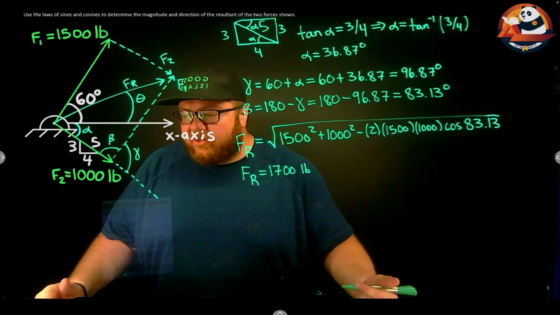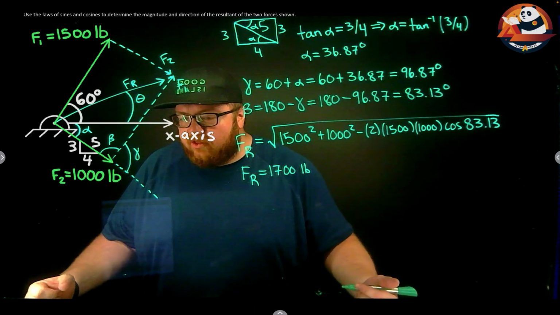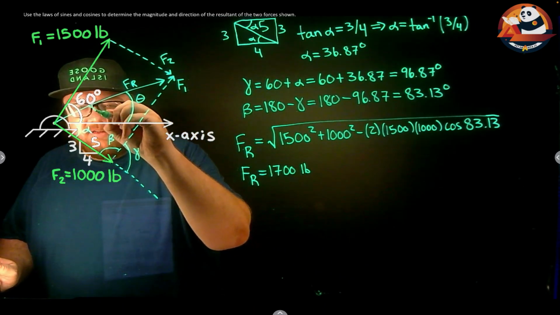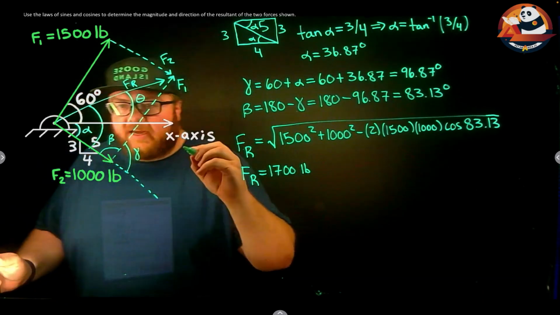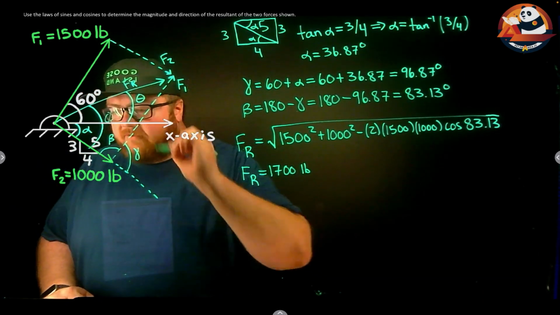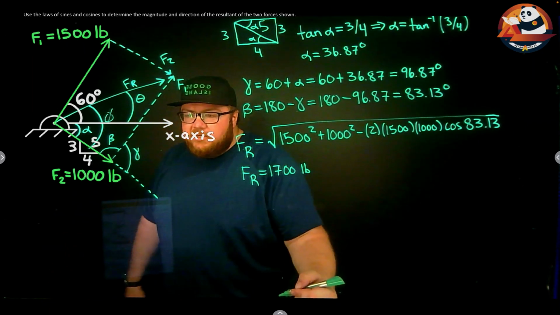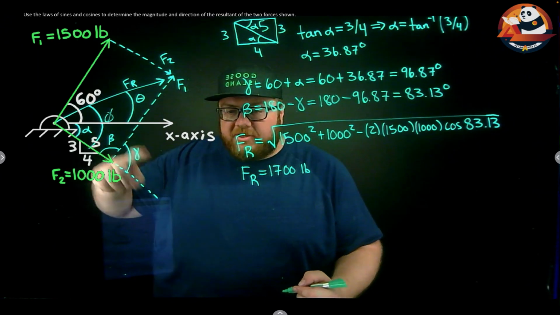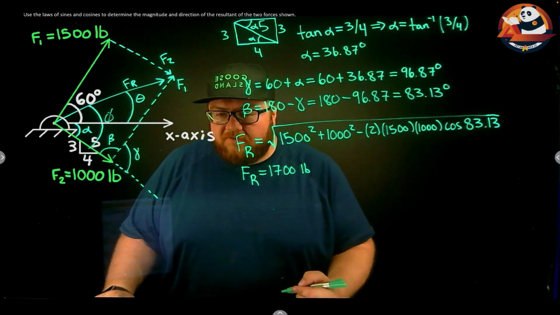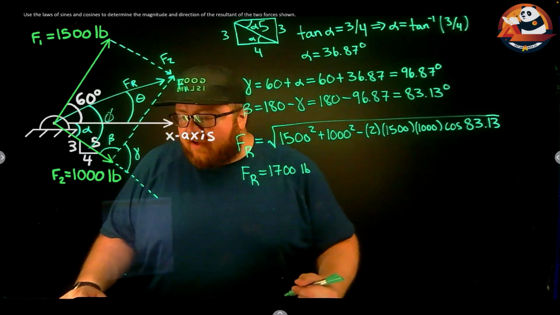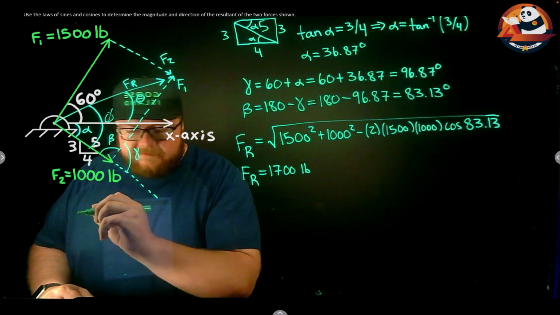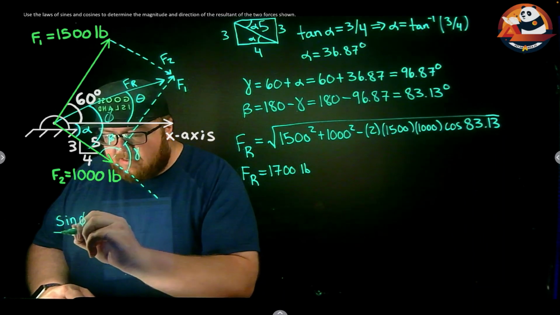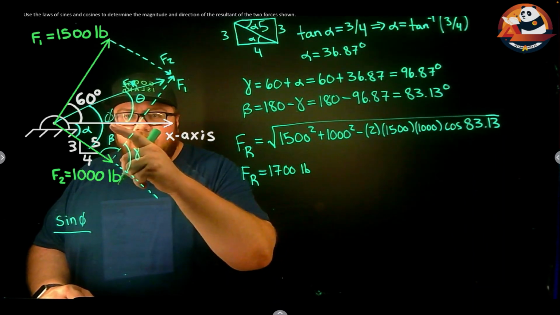Phi goes from F2 up to the resultant force in this. Or phi is this angle right there. My angle phi. I can use that and then subtract off alpha to get me from horizontal up to the resultant force. But I can find phi using the law of sines. Then my sine of phi divided by the side opposite it.